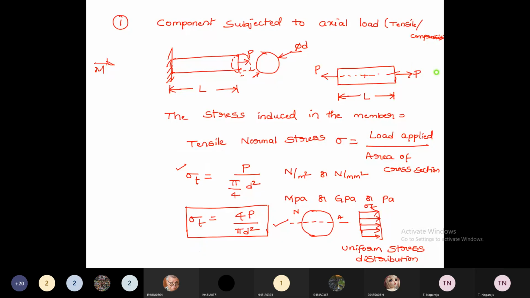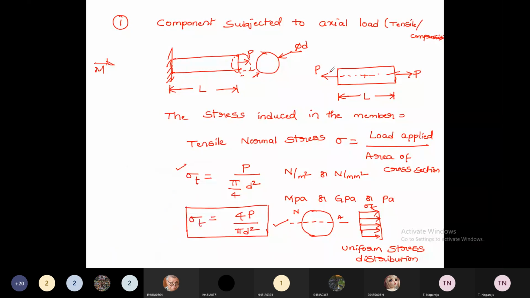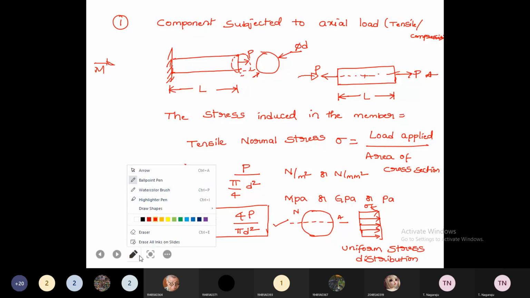If the load direction is towards its center, inward like this, then it is called a compressive load, and the stresses induced are called compressive stresses. So in axial load condition there are two stresses: tensile stresses and compressive stresses.